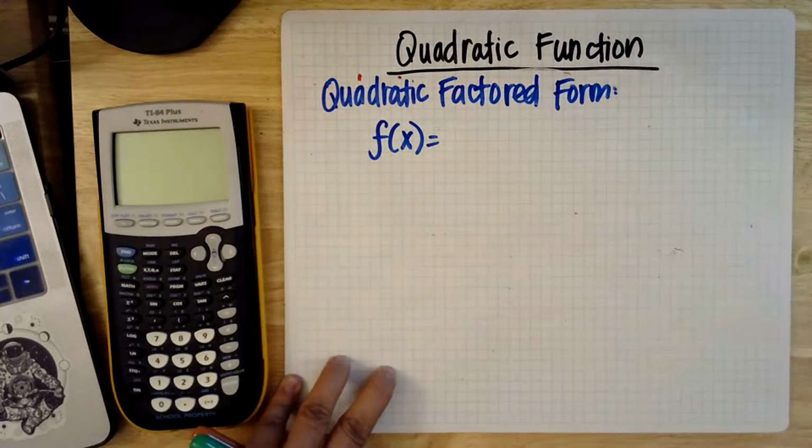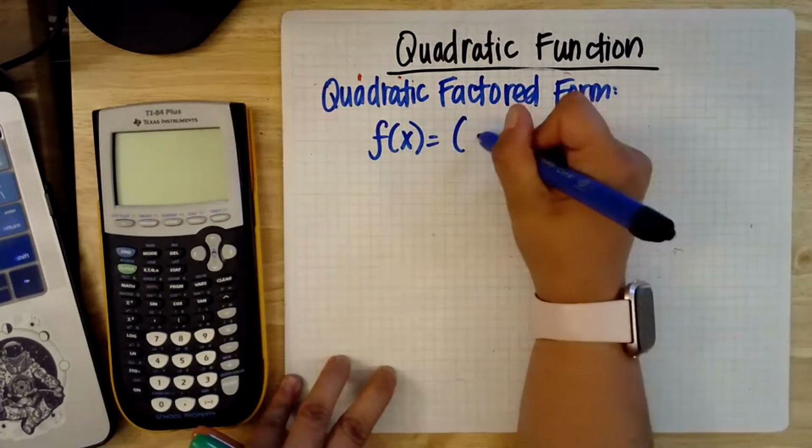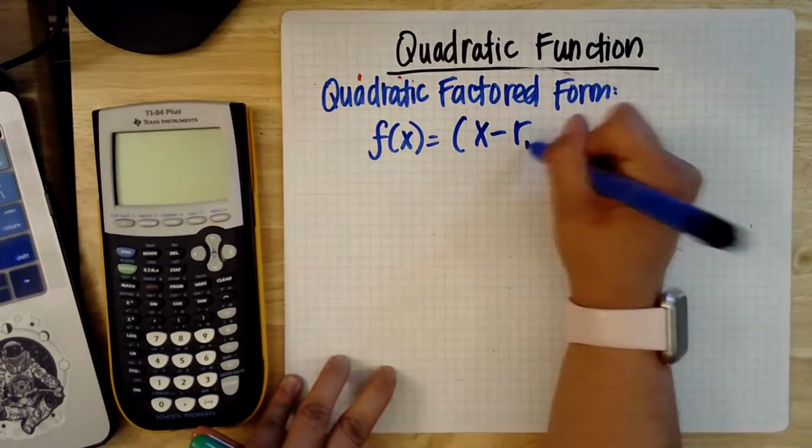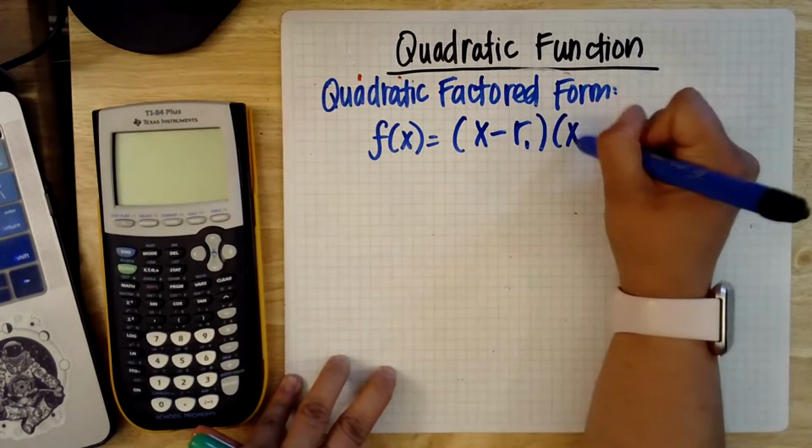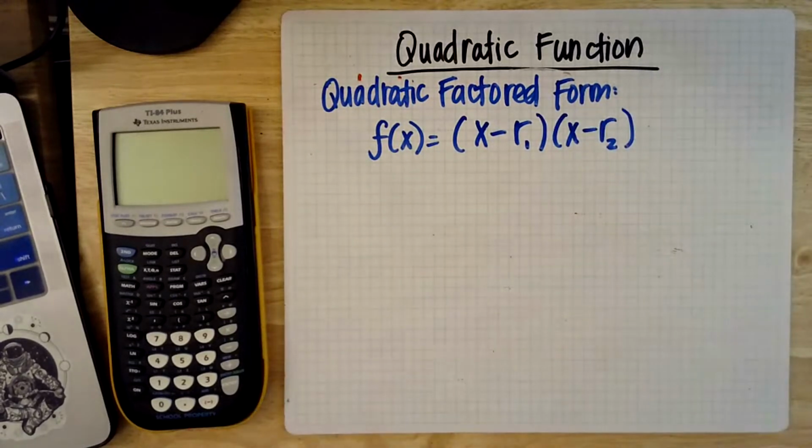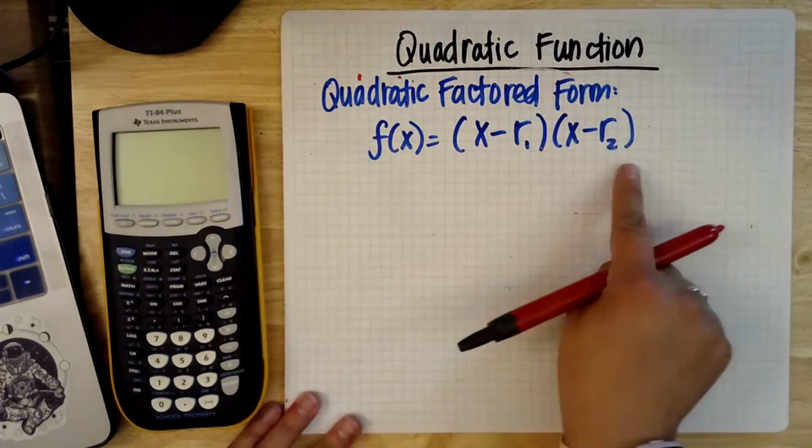F of x equals x minus r1 and x minus r2. And what this gives me is two roots.